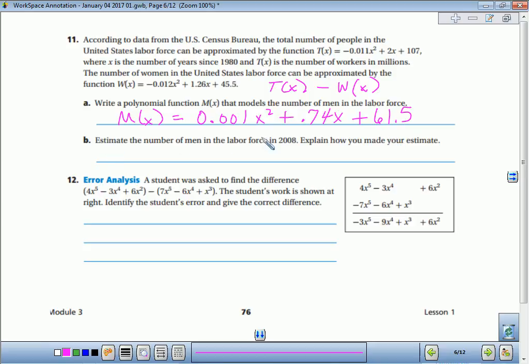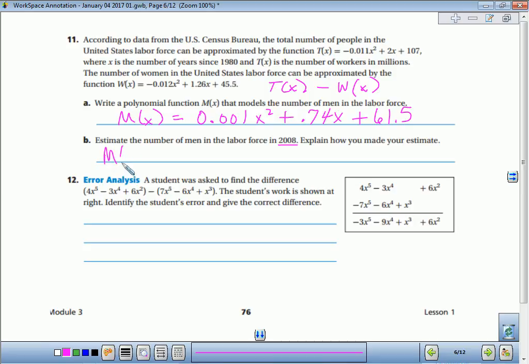Okay, then if they ask us to estimate the number of men in the labor force in 2008, which is kind of funny because if it's 2008, would we really need to estimate? No, we should just be able to look up the data. But we'll pretend. All right, so how many years after 1980 would be 2008? 28.